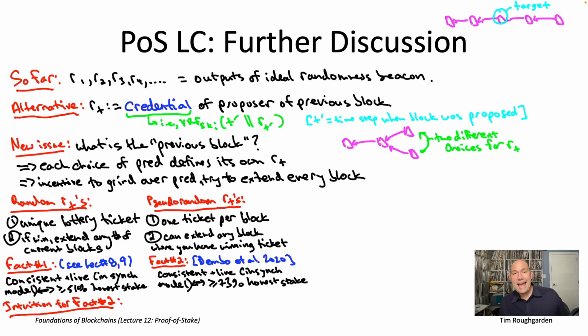But now there's also an attacker, and they want to orphan this target block, which means they're going to be extending the parts of this chain that precede the target block. As I've drawn it, there are 2 blocks earlier in the chain than the target block. The attacker is going to try to extend both of those. So each time step, the attacker is going to look at the lottery tickets that correspond to these 2 blocks.